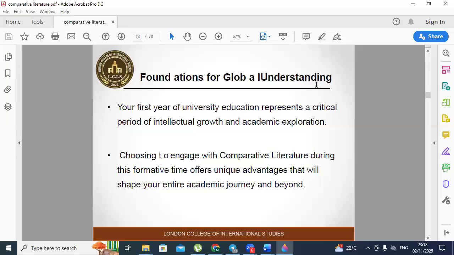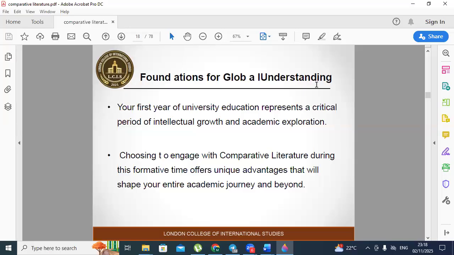Foundations for Global Understanding. Your first year of university education represents a critical period of intellectual growth and academic exploration. Choosing to engage with comparative literature during this formative time offers unique advantages that will shape your entire academic journey and beyond. So this slide immediately validates the importance of your first year, calling it a critical period of intellectual growth.